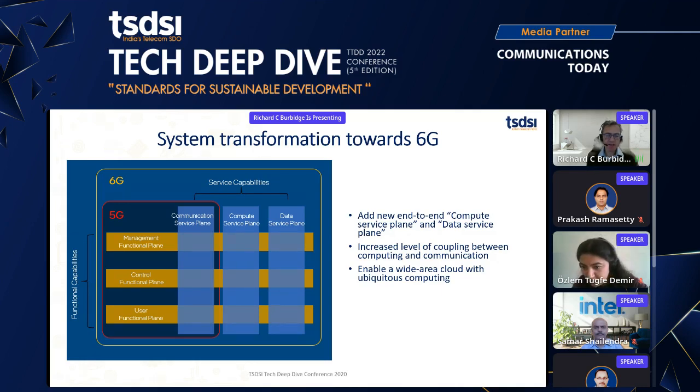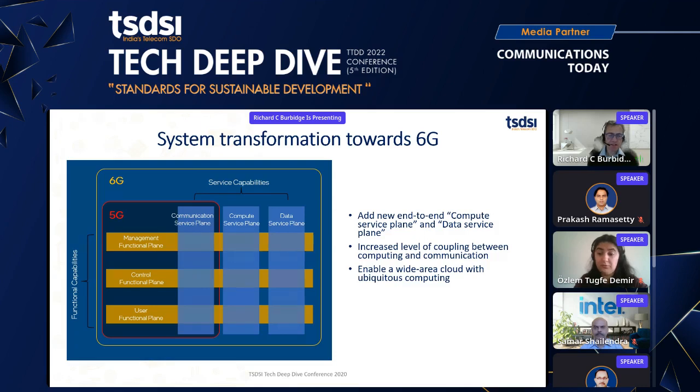So perhaps trying to give a slightly more concrete example. The management functional plane will have to jointly manage the resources for the communication service, the computing service, and the data services. We might also see traffic awareness in the user plane functions to enable us to optimize and prioritize, not just in communications itself, but in the communications, the computing, and the data services.